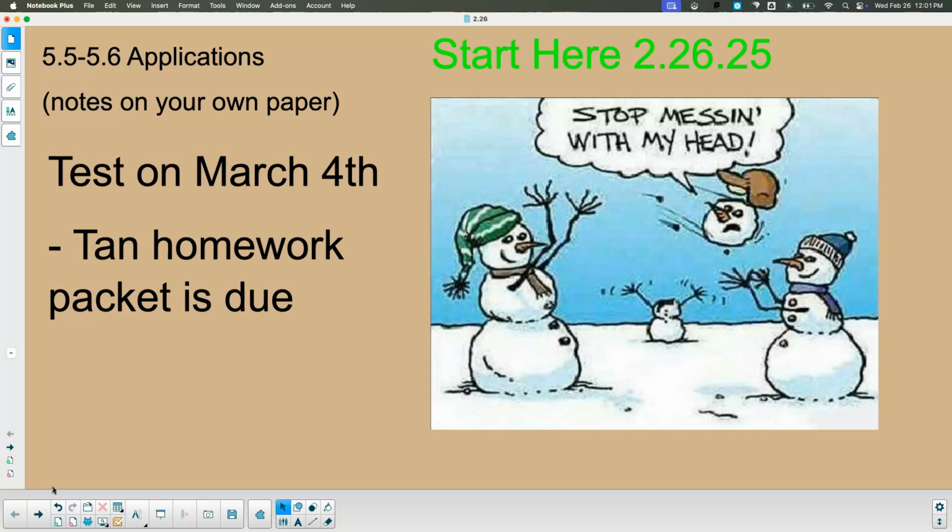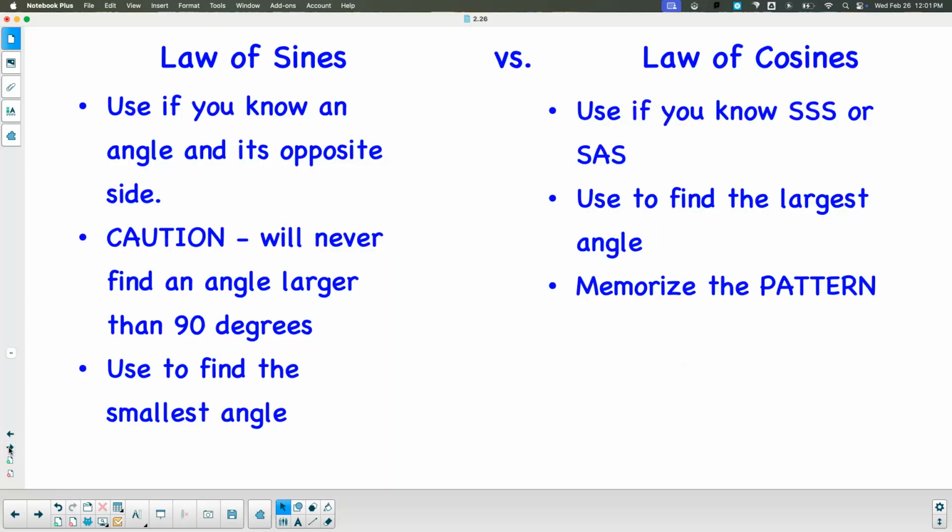all that fun stuff. Okay? So let's talk about the difference between the law of sines, which we had last week, and the law of cosines, which we had this week. Both are great in their own right. Love them both. We can solve any triangle with them.